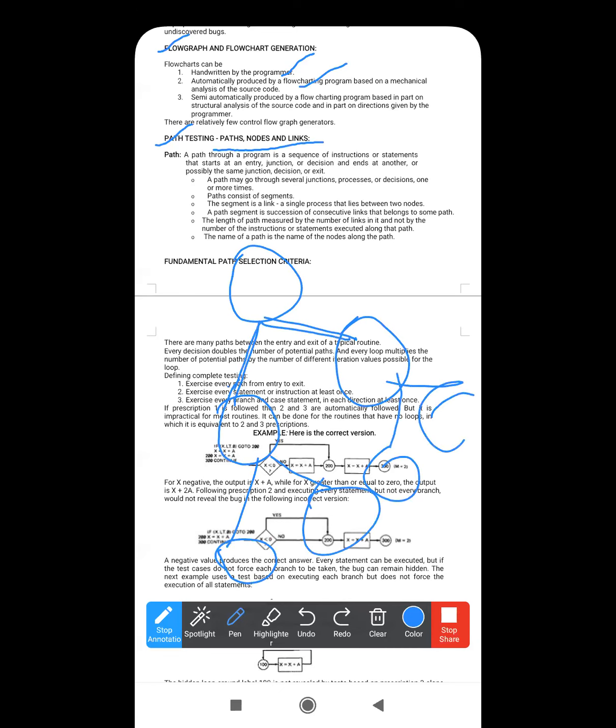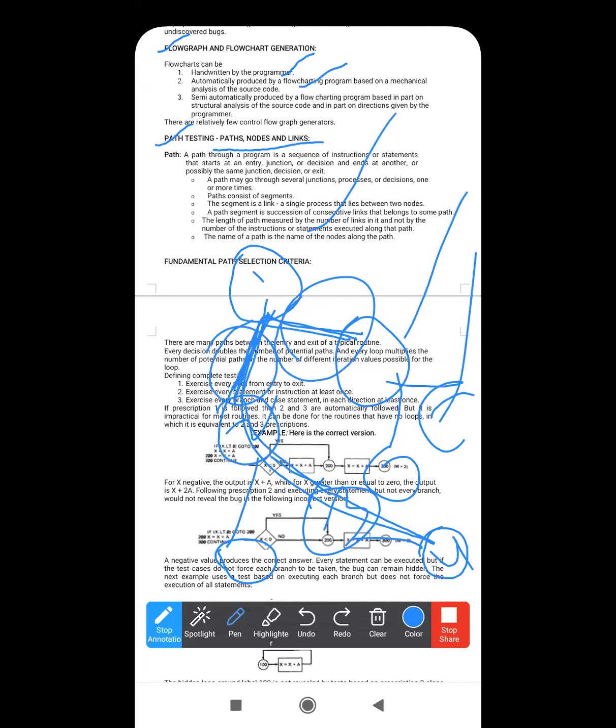We are linking the nodes. What is a path? I want the leaf node. What is the last node of this tree? What is the path? 1, 2, 3, 4. So 1 to 2, 2 to 3, 3 to 4. This is the path, isn't it? These are the links. These are the nodes.